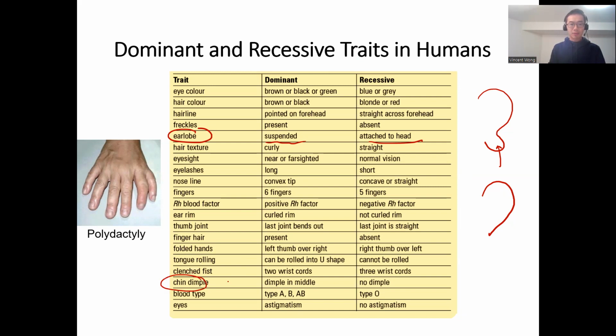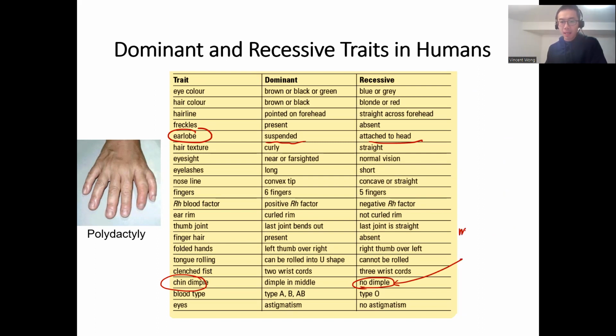Dimples. Do you have a dimple or do you not have a dimple? So some traits are dominant and some traits are recessive. Here is the thing to note, though. Let's say we look at no dimples.